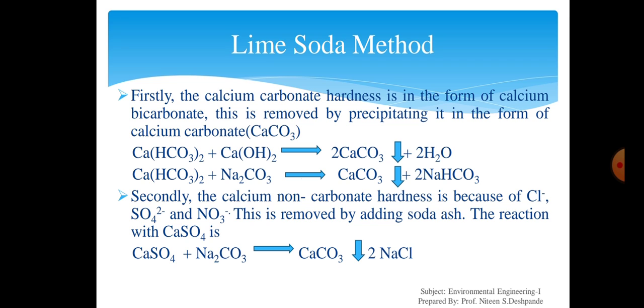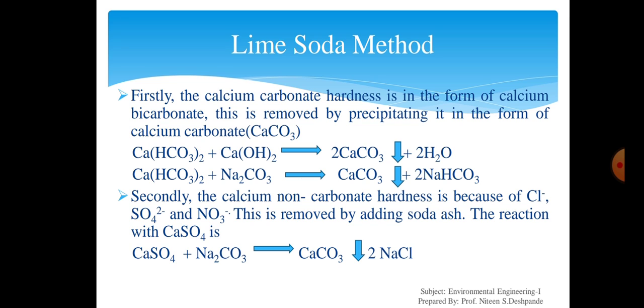Secondly, the calcium non-carbonate hardness is because of Cl minus, SO4 2 minus and NO3 minus ions. These can be removed by adding soda ash, and therefore the name of this method is lime and soda ash. So we have to add the soda ash into it, and the chemical formula of soda ash is Na2CO3, sodium carbonate.